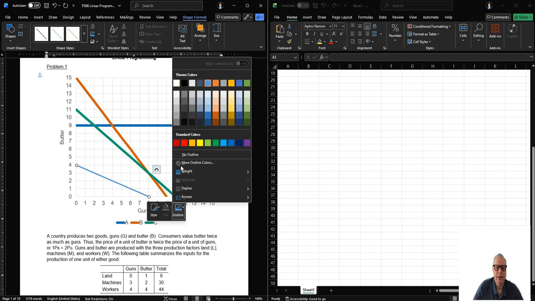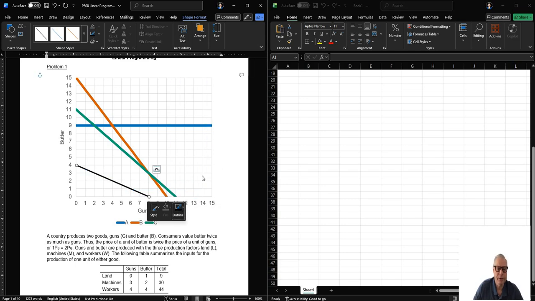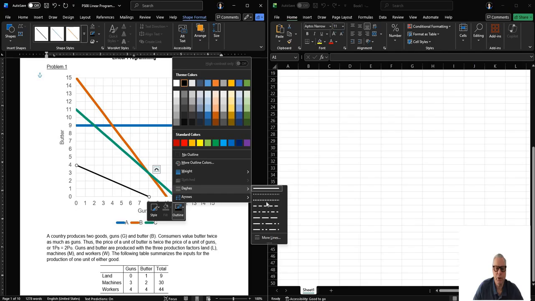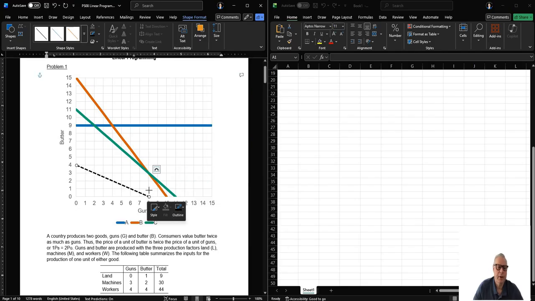And let's make it dashed like always for the iso profit line. And then what we do is we want to shift it as far out as we can from the origin, so that we still find the point of tangency with the area of feasible production. You can see the furthest you can shift it from the origin is indeed where we get the intersection at 9 and 2.